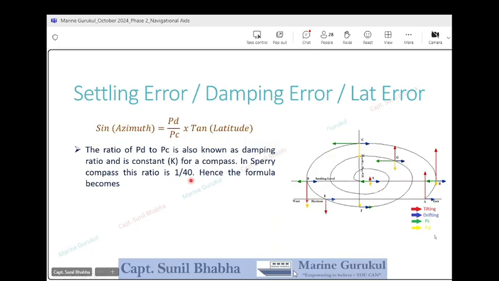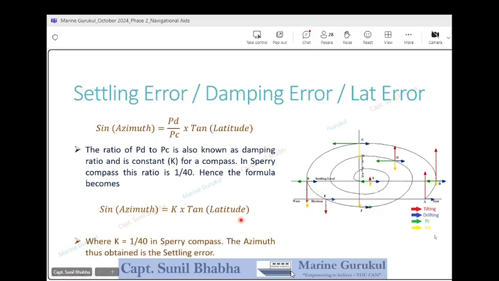The damping precession, which is generated by the smaller 17 grams weight, proportional to control precession, which is generated by the bigger 680 grams weight, gives you a damping ratio of 1:40. Now, when we use this 1:40 ratio, the formula converts to sine of azimuth is equal to K tan latitude. PD upon PC is replaced by K, where K is equal to 1/40 in a Sperry compass.